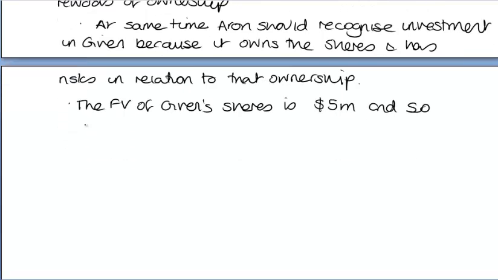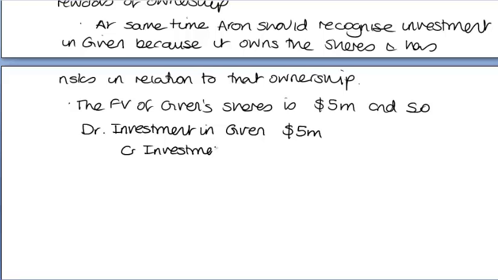And so how do we deal with this? Well, I'm going to debit my investment in Given at the fair value of 5 million. I'm going to credit my investment in Smart, oh, sorry, that should be 5.5 million. How much was the investment in Smart?